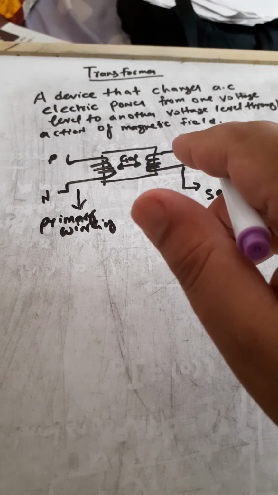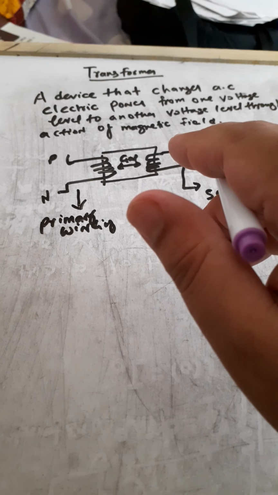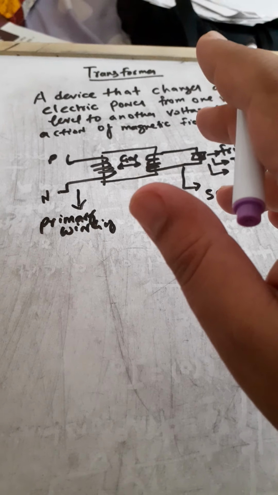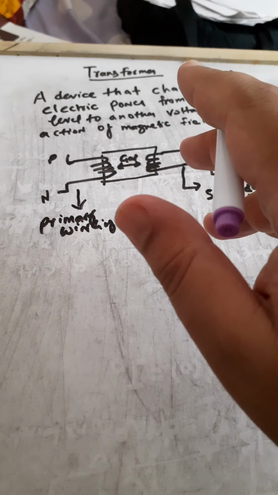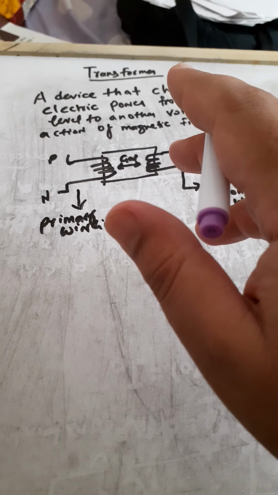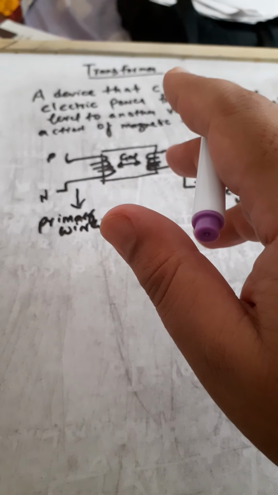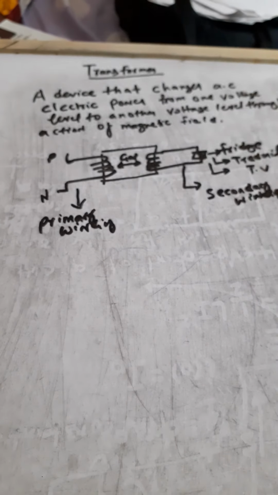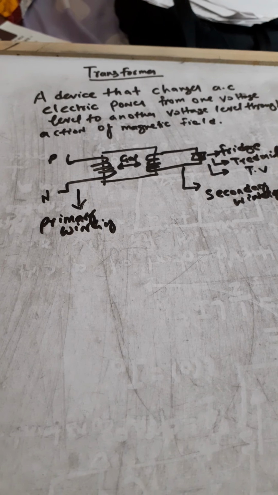Basically in a transformer we can see there is flux, and it's a constant flux machine. This transformer is also called the constant flux machine. So why is it called a constant flux machine?